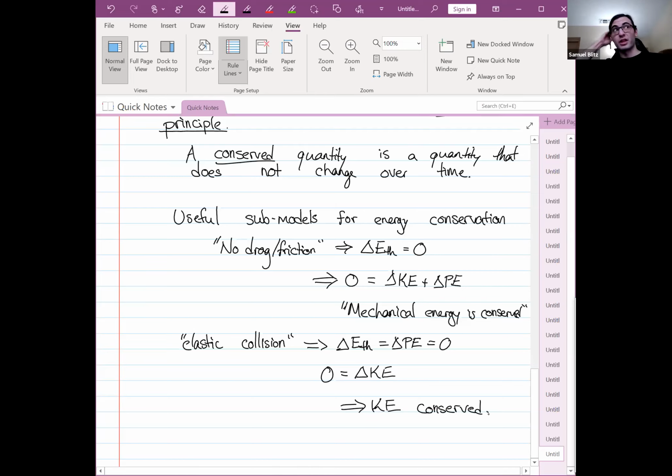And we'll see examples of that going forward once we talk about momentum conservation, but this is just a submodel. It's just a box that you can put around a specific concept, the notion of two things bouncing off each other elastically. You can associate that concept with these notions.